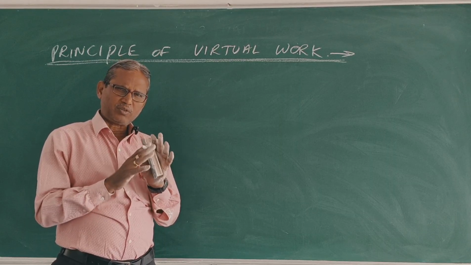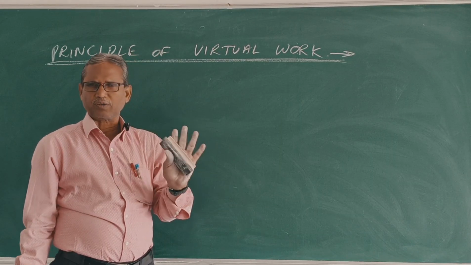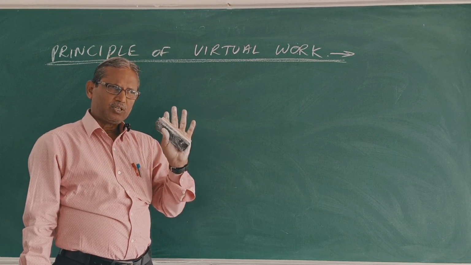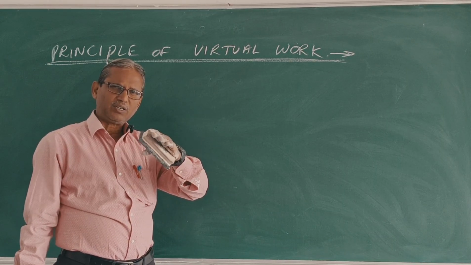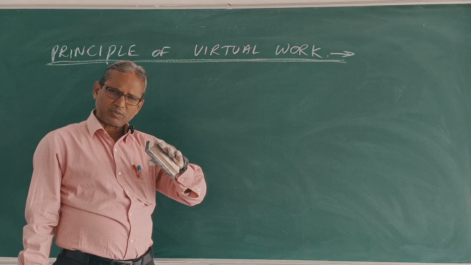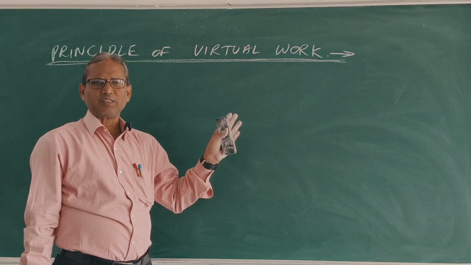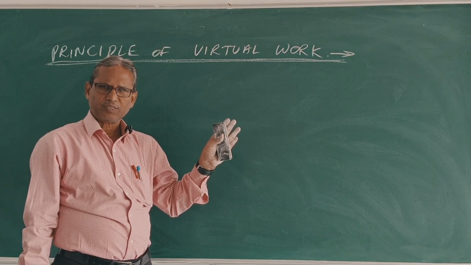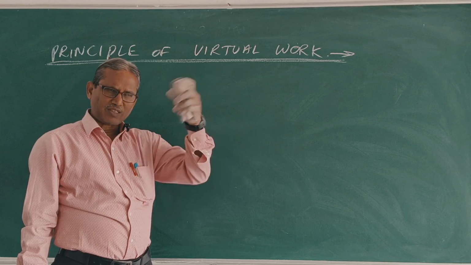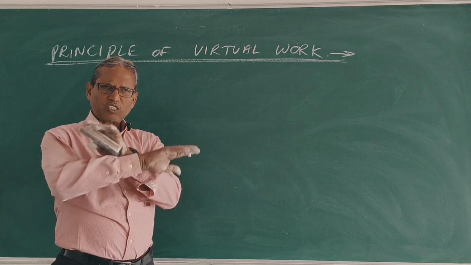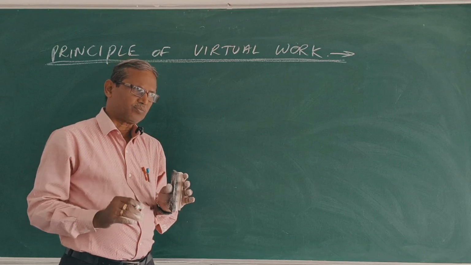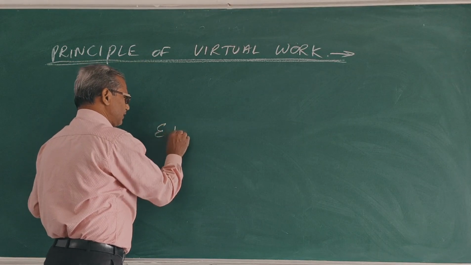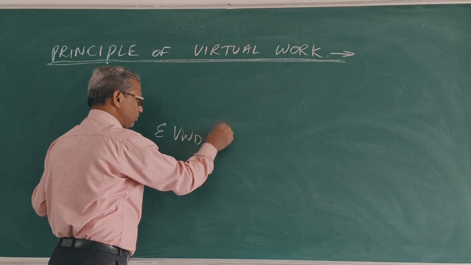If the body is in equilibrium, no work will be done. In this equilibrium condition, if the body is imagined to undergo some imaginary displacement, imaginary work will be done. In this case, the algebraic sum of the virtual work done by all the forces is 0. That is, sigma VW is equal to 0.